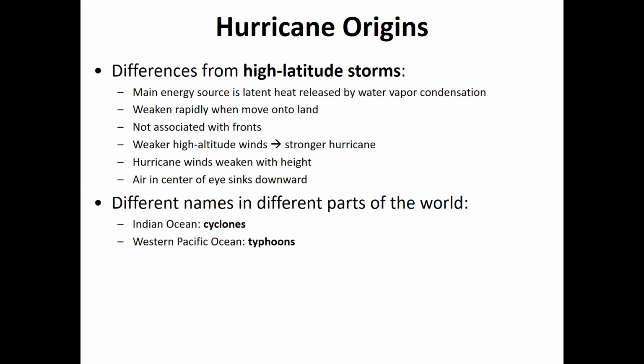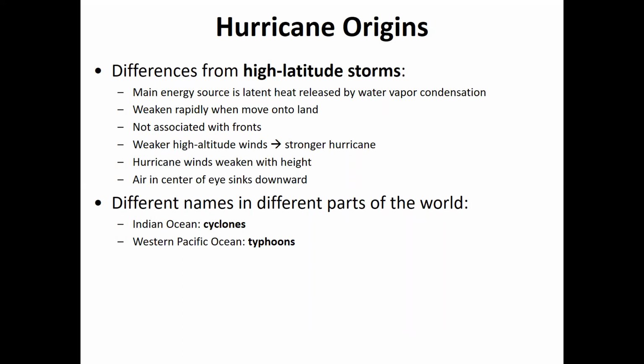They're not associated with fronts, and weaker high altitude winds mean stronger hurricanes, where stronger high altitude winds mean stronger frontal cyclones. Hurricane winds weaken with height, and air at the center of the eye sinks downward.